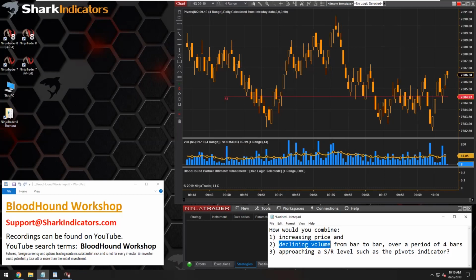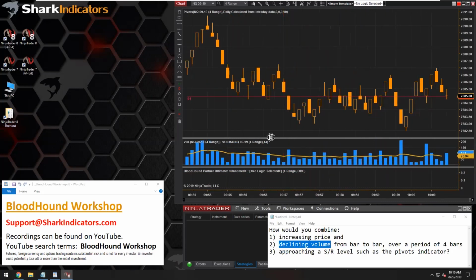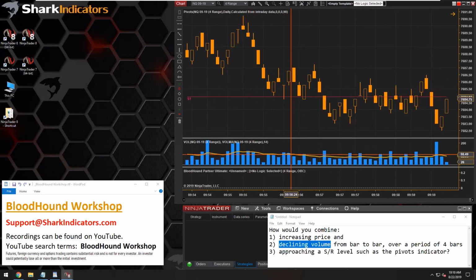In this case, decreasing volume: we can literally look and compare from bar to bar, and from bar to bar.